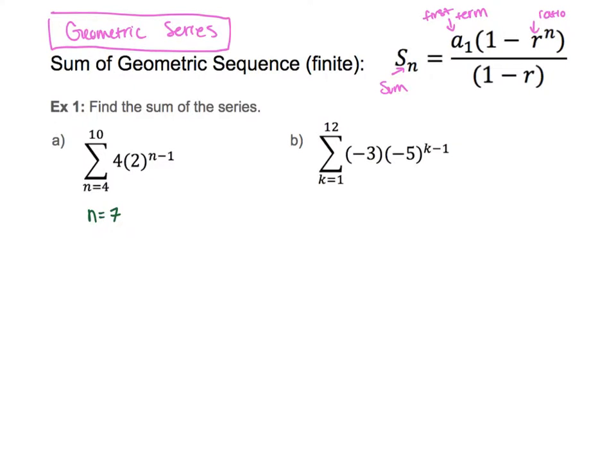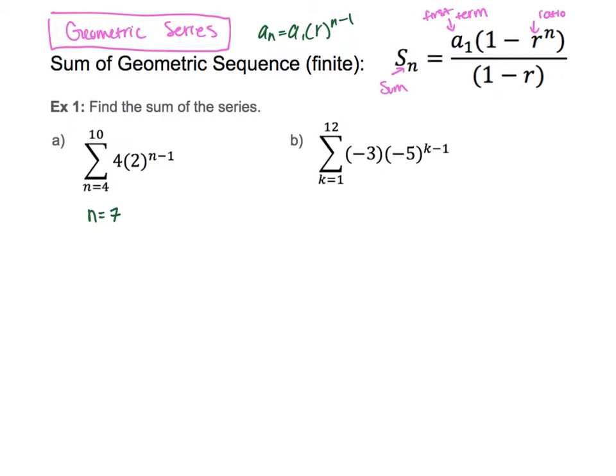So now we need to find our r, our common ratio. I want you to really look at this formula here. It looks awfully like a geometric sequence formula: a1 times r to the n minus 1. Notice how the r, the base, is raised to the n minus 1, and here your 2 is being raised to the n minus 1.